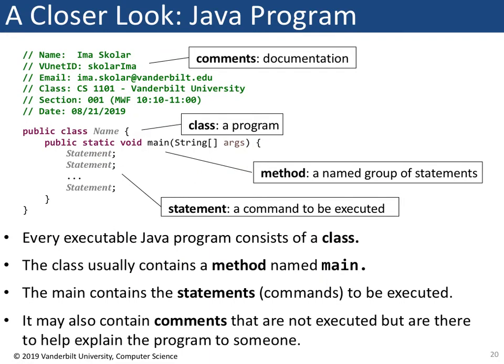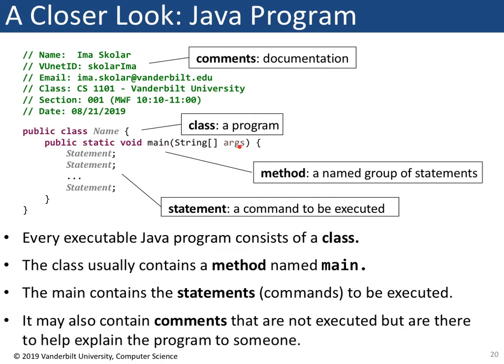So let's look quickly again at a more generic program. So at the top you have the comments, which act as the program documentation. You have the class. So every executable Java program consists of a class. And again, the class name must be consistent with the file name. Then nearly every class will contain a method named main.